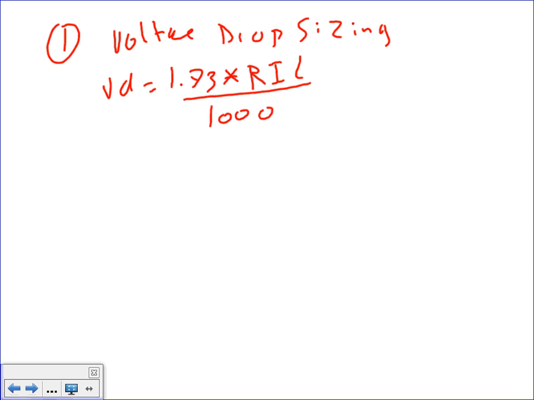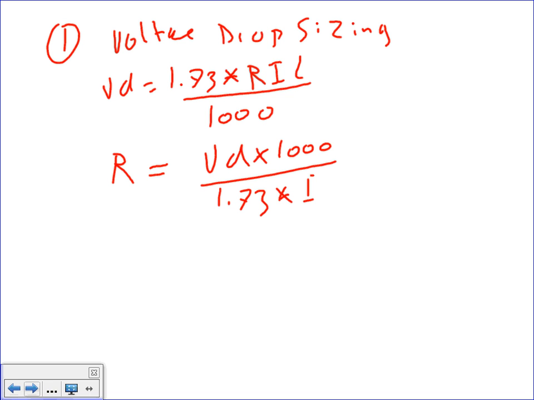Now remember, if we're finding R, we find the conductor with the next smaller R, because smaller R means bigger conductor. This is a tricky one. So I'm going to flip the formula to find R. R equals voltage drop times 1,000 divided by 1.73 times I times L.